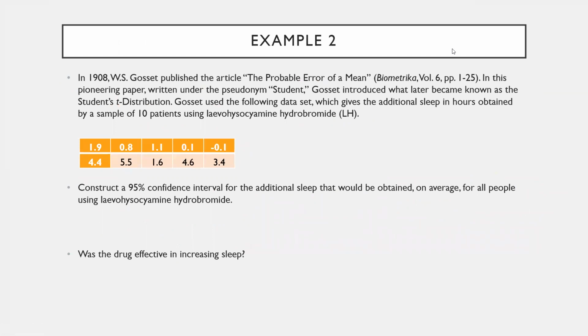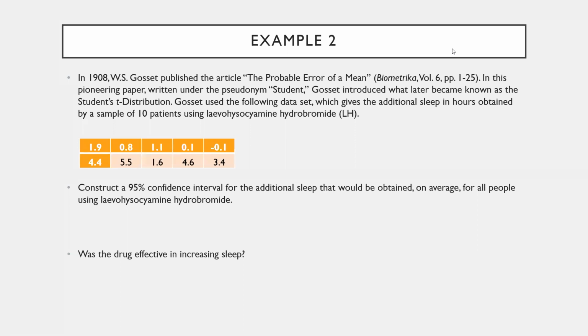Here's last year's problem. So in 1908, W.S. Gosset published the article, The Probable Error of a Mean. In this pioneering paper written under the pseudonym Student, Gosset introduced what later became known as the Student's t-distribution. So this is the mathematician who actually discovered the t-distribution, and this was the actual paper that he talked about. Gosset used the following data.